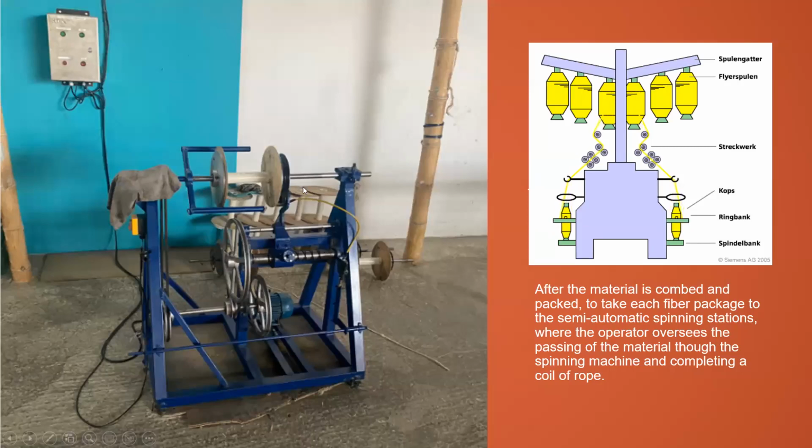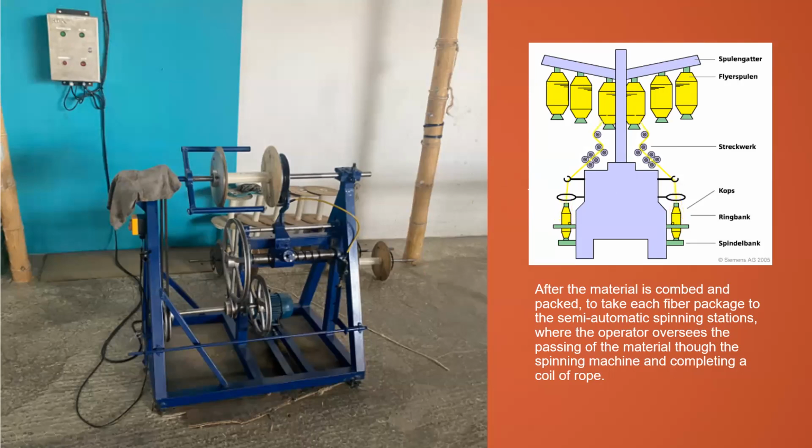This is a single spinning machine. The operator takes the material and puts it in the spinning machine, and the spinning machine does the work like you can see in the GIF. It's very similar to this.